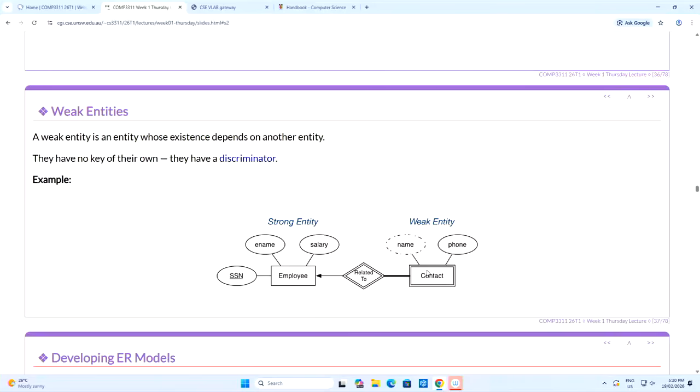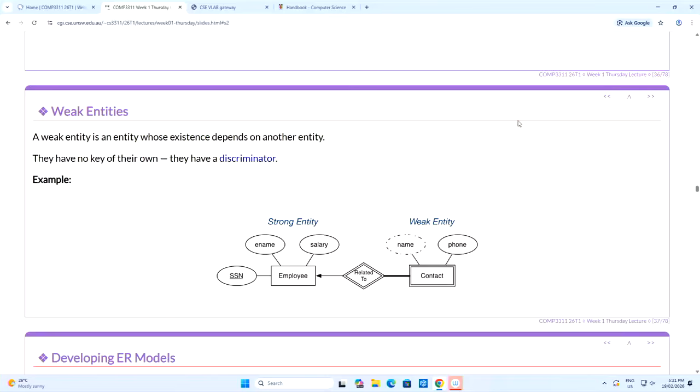So in this case, the contact makes more sense. Each employee has maybe a bunch of contacts, but in the database, the unique identifier of the contact is not the contact name. Maybe employee Jerry has a bunch of contacts, called Mark and Alice, and Mark and Alice would be the discriminator of the contacts.